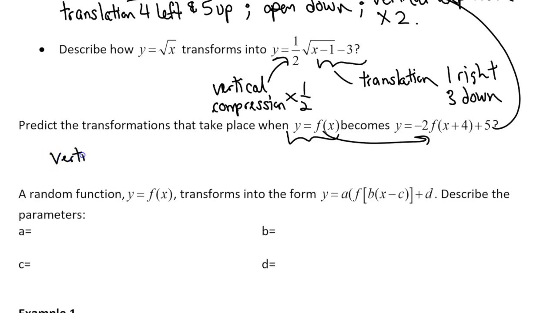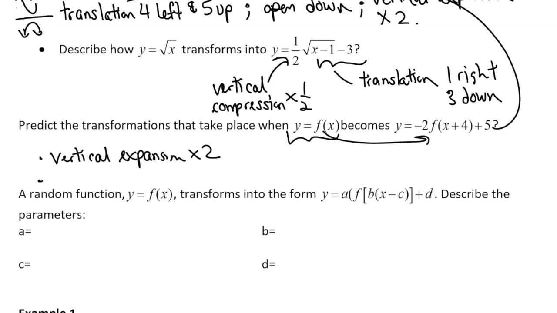So we're going to say we have a vertical expansion by a factor of 2. We're going to open down. Now, opening down is specific to a parabola. So this just means that when we open down for a parabola, you were reflecting it over the x-axis.